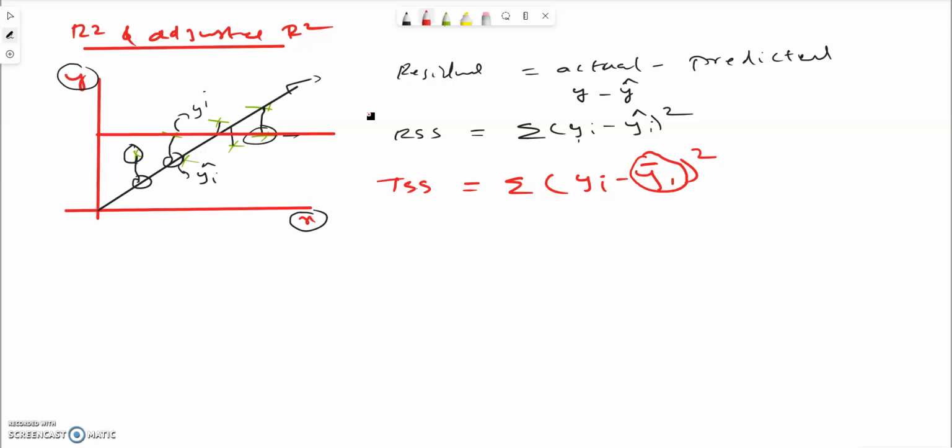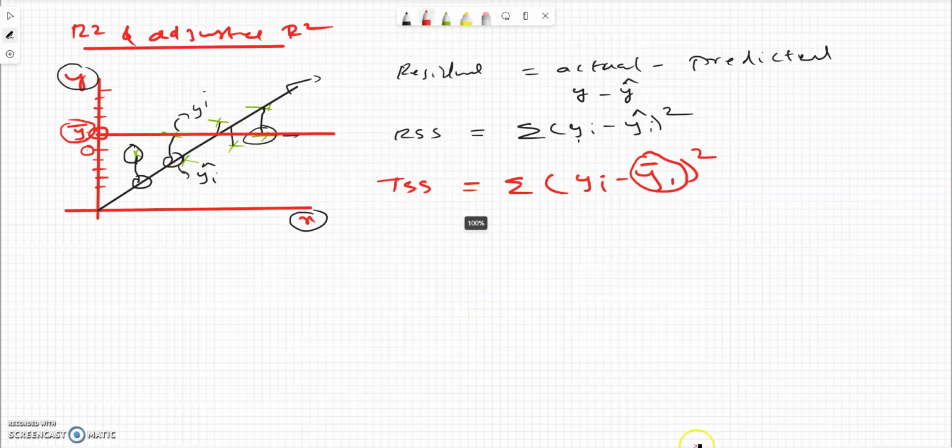We are trying to draw a line here. This point will be your mean, and the rest of the points will be the data set. Now what we are trying to find is the distance from the data set values to the value of mean. That is called the total sum of squares.